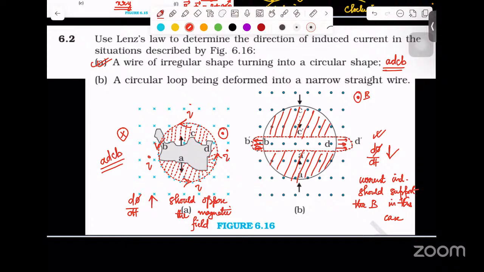So the current should be such that it should support. That's it. That means the induced current should also be coming out of the plane of paper.